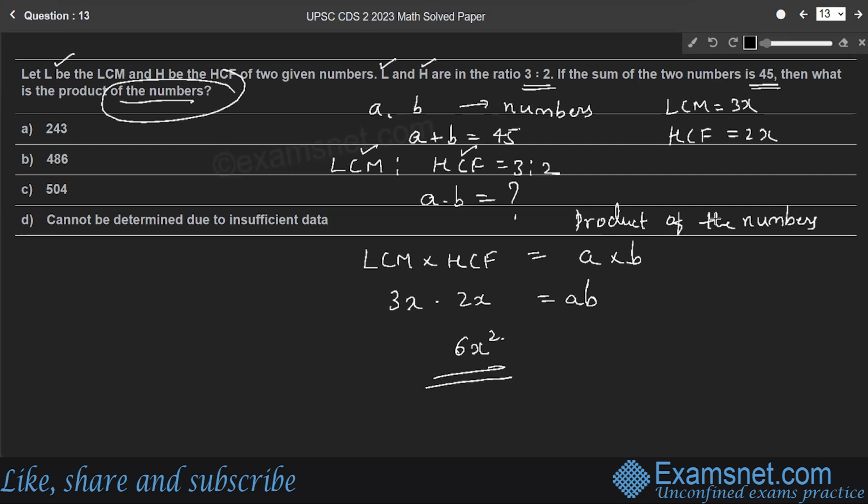To find that, the numbers could have been given here, right? So it is not given. Sum of the numbers is given. Therefore, the data is insufficient to find product of numbers, right? Data is insufficient. Therefore, cannot be determined. Product of two numbers cannot be determined due to insufficient data. Option D is the answer.